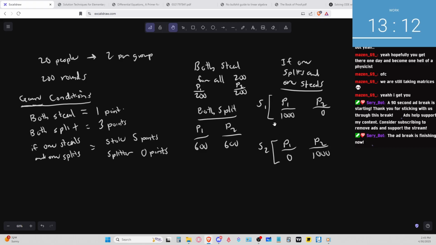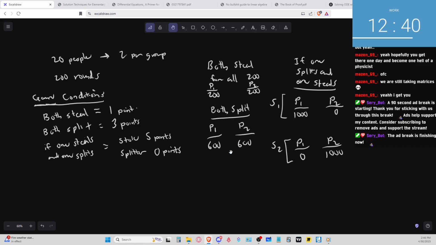But of course, if it's this type of scenario, then one player would gain the intuition of the other, and they would probably just both steal at this point. So in this type of scenario, no one trusts one another. If they both split, then they both get 3 points each, and if they're playing 200 games, then they'll both end up with 600.